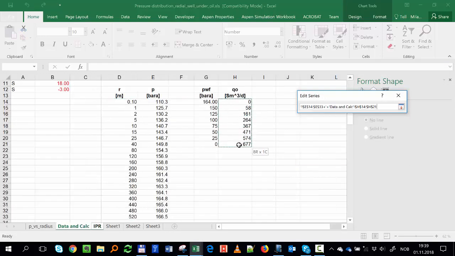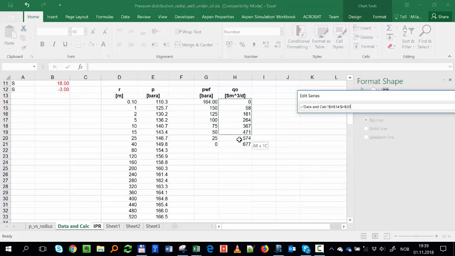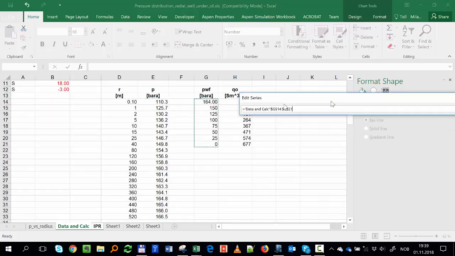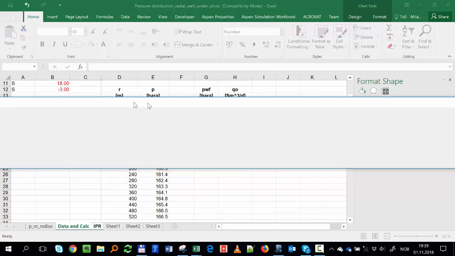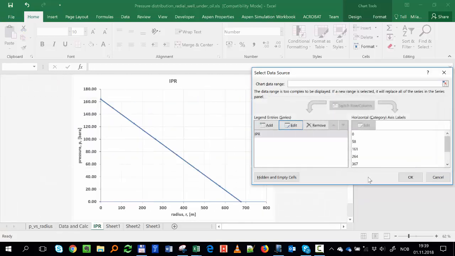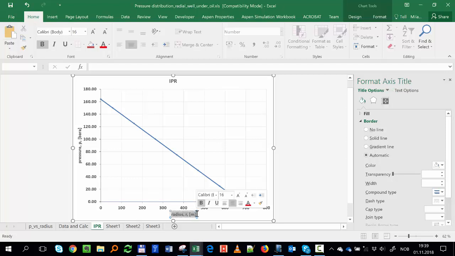X will be the rate. The pressure. Okay, exactly what we expected, a straight line. That's not radius, that's rate.